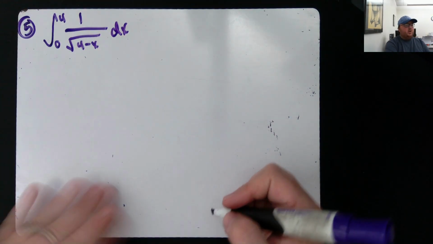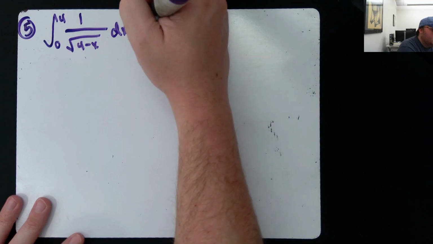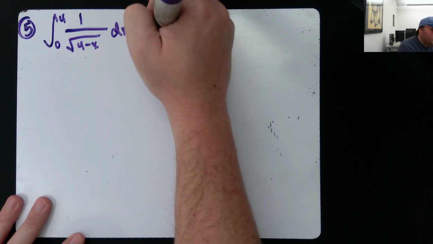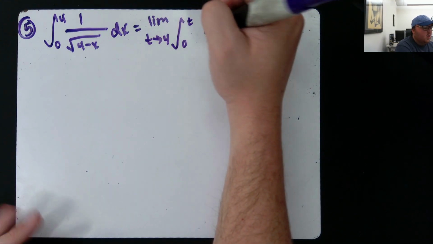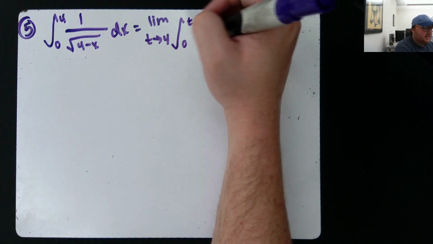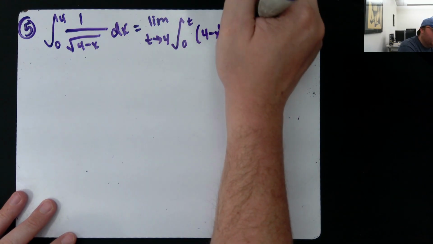So the problem here is that I can't plug in a 4. So once again, replace it with a t. Limit as t goes to 4 of the integral 0 to t. 1 over the square root of 4 minus x is like saying 4 minus x to the negative 1/2.